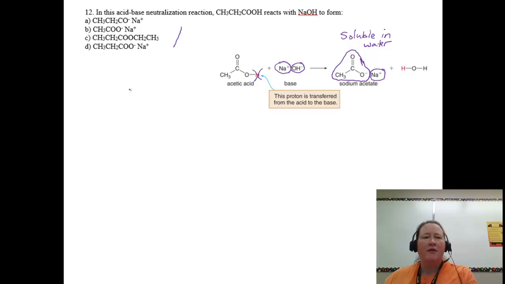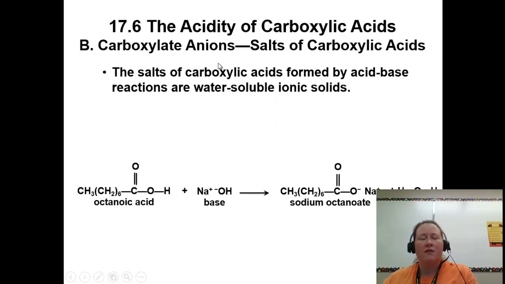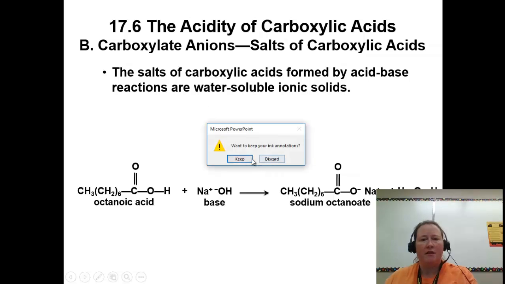So let's look at this question. I am going to erase the pen. Oh, it didn't erase. Here, I'll just draw it out. So we have this acid-base neutralization reaction. We have, I am very sorry.